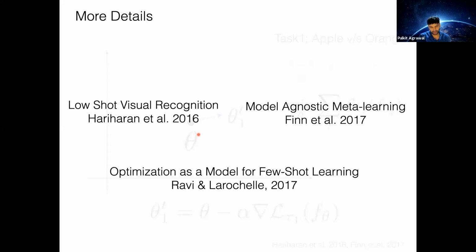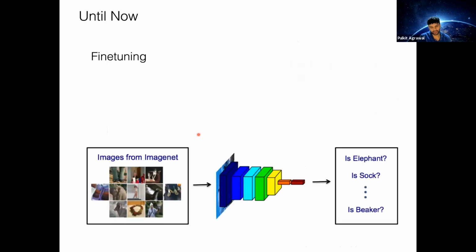So I guess until now, what we have seen are some methods of transferring knowledge. We started with fine-tuning. Then the issue that we ran into with fine-tuning was that if you have only a few data points, then I might overfit. We looked at one way of solving it, which was nearest neighbor matching. But nearest neighbor matching really depends on the feature space.